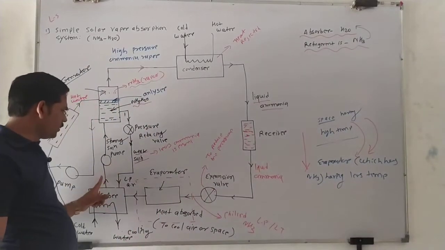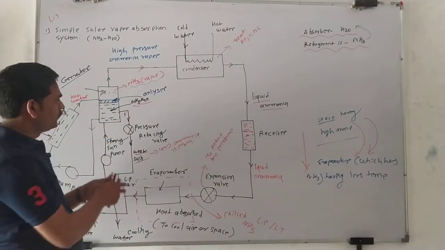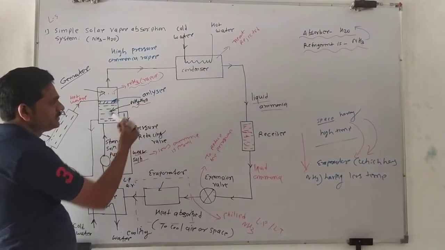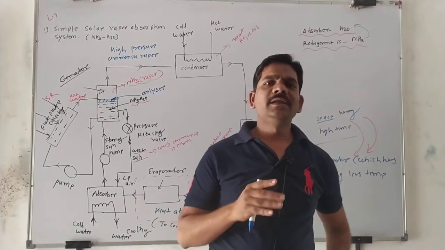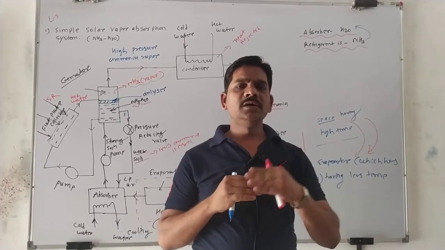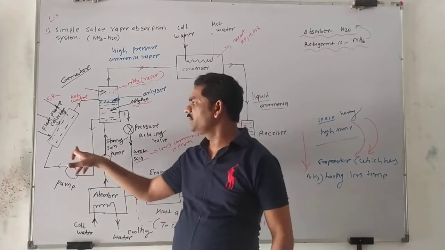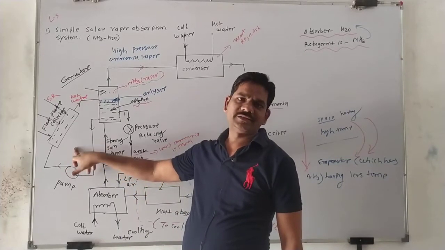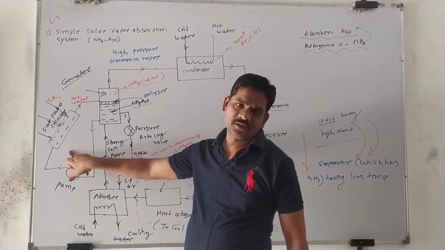Then this strong solution is pumped once again into the generator. So once again we have a mixture of NH3 and H2O. Our target is once again to remove the ammonia from the water. For that purpose we use heat, which is once again utilized from the flat-bed solar collectors.